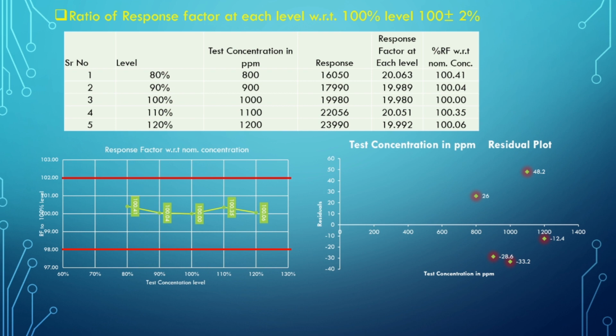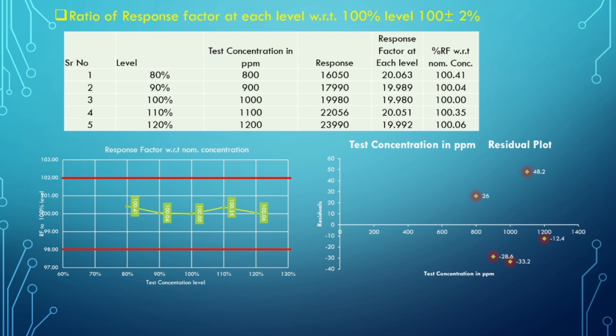After doing that, I will plot a graph showing the relative response factor at each level with respect to the 100 percent level. Now this is making more sense to me. I can tell that my response at each level with respect to the standard is within my error limit of 2%.